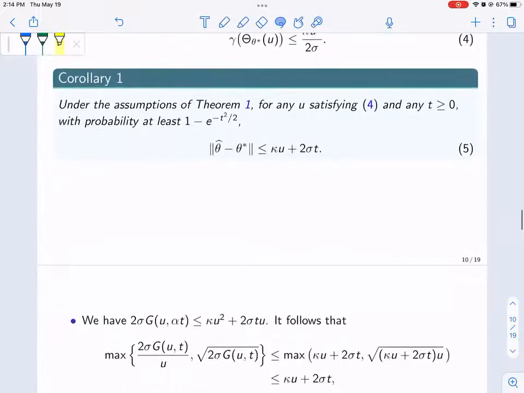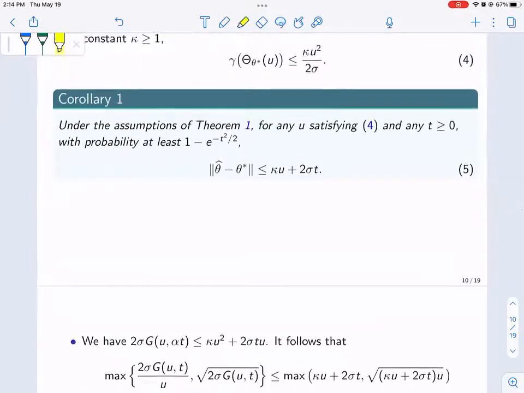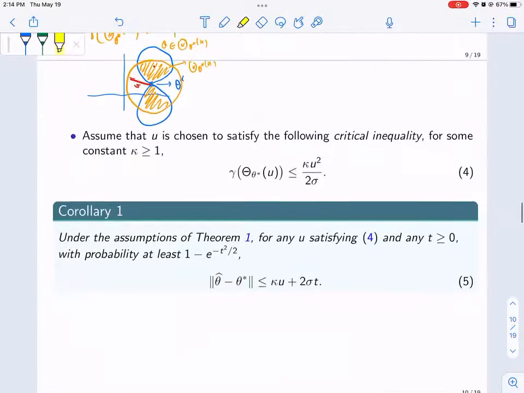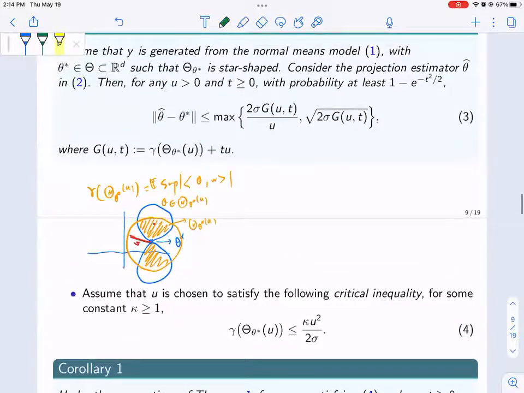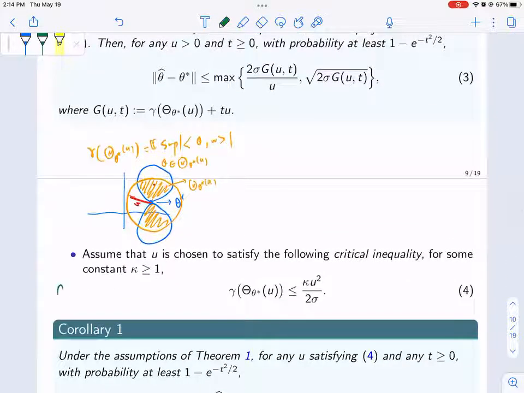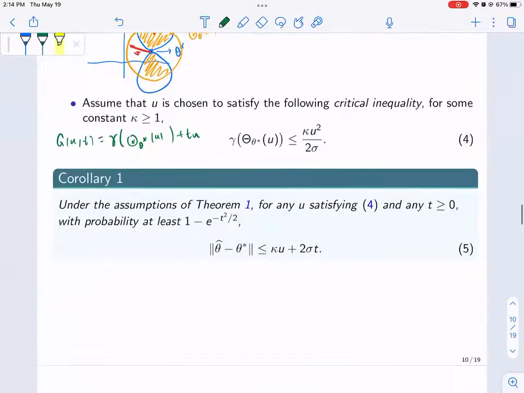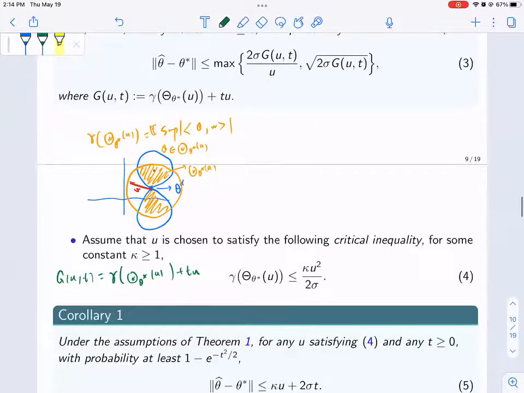If we have this inequality, then what do we get? If you recall, G_U(t) is gamma(theta, theta star) U plus t U.